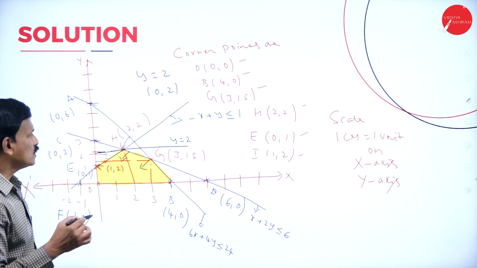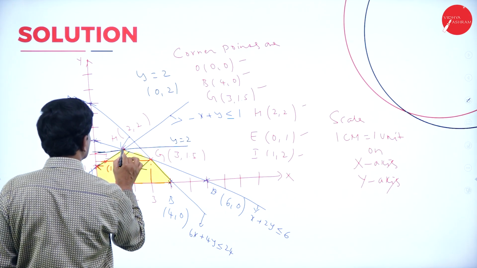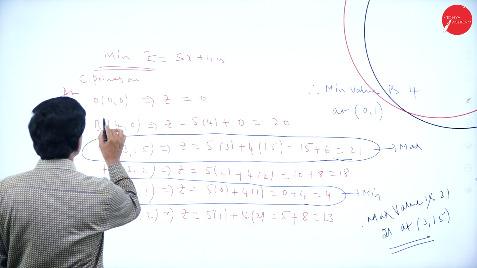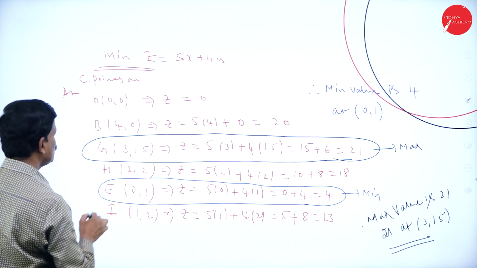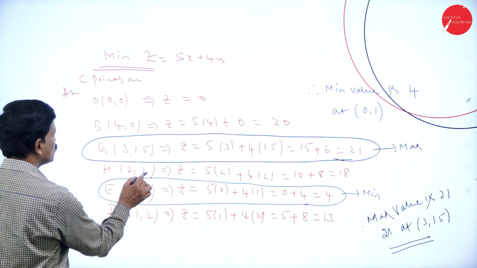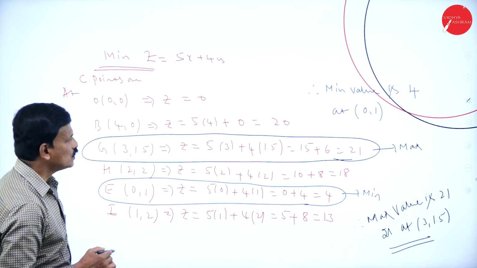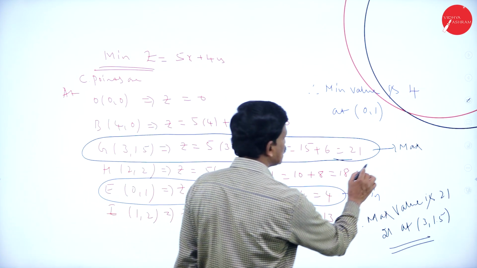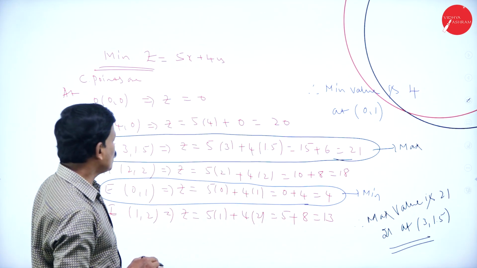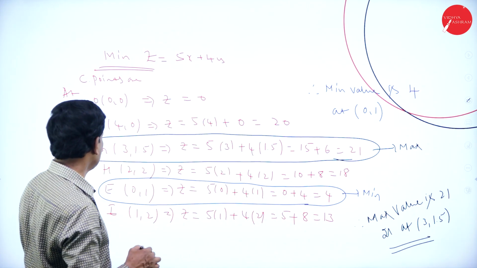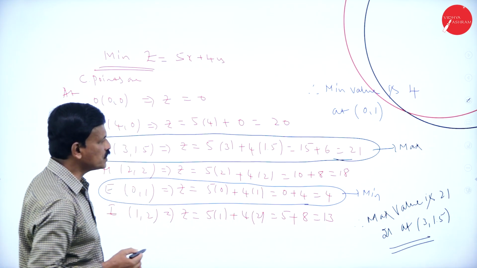Now, if I substitute all these points, I am going to get the corner points as 0, 0, B 4, 0, G 3, 1.5, H 2, 2, E 0, 1, and I 1, 2. So, the function is maximum at 3, 1.5, the maximum value is 21, and minimum at 0, 1, the minimum value is 4.